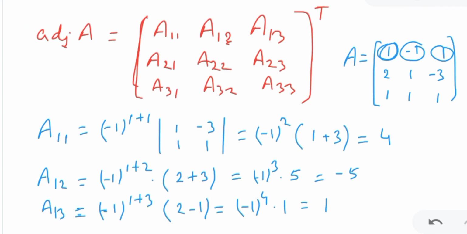Similarly we will find A21, A22 and A23, correct? In the same way you will find. A21 means for this element, this row and column will go, then minus 1 minus 1.